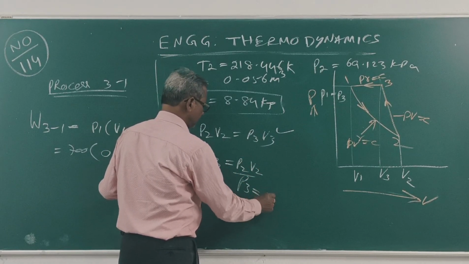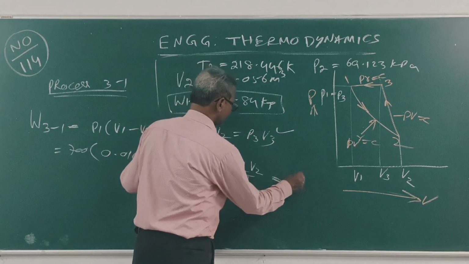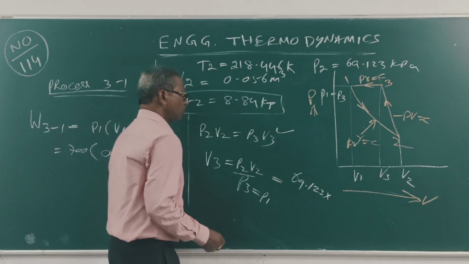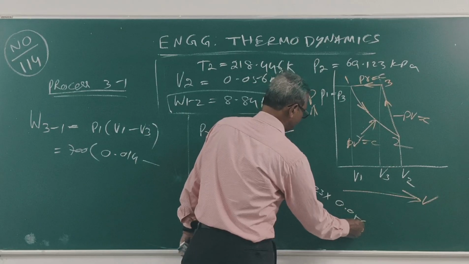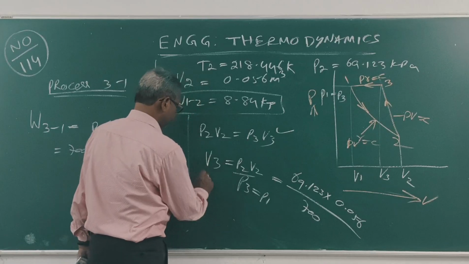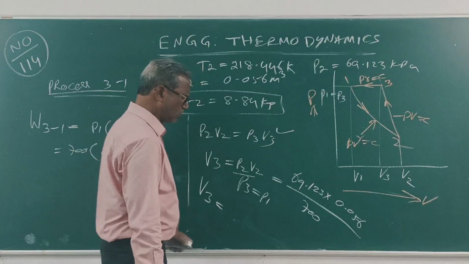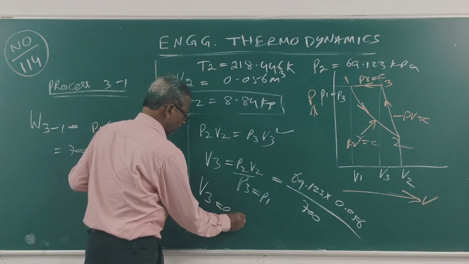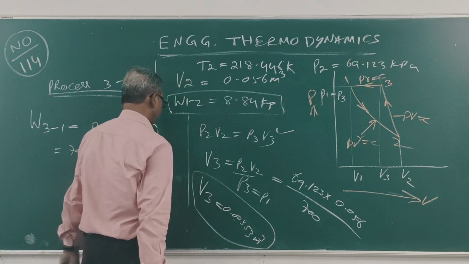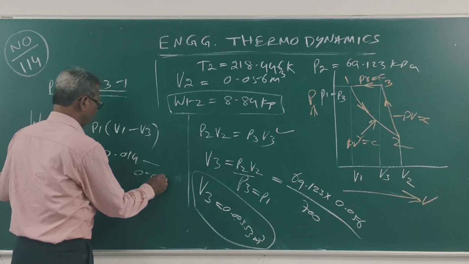P3 means P1. So P2 is 69.123, into V2, 0.056, by P1, 700. This is V3. Right. Now V3 is equal to 0.00553 meter cube. So this is V3, 0.00553 meter cube.